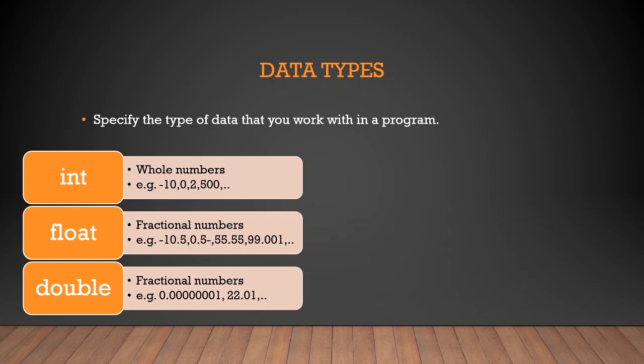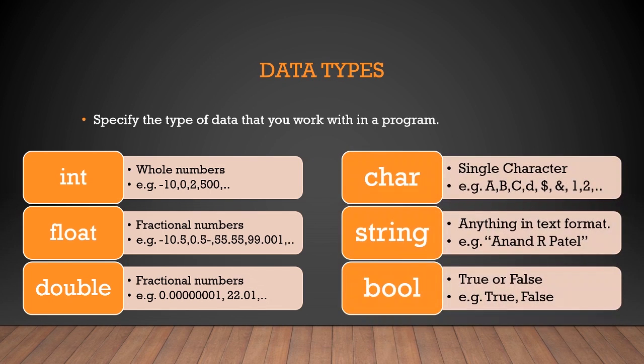So that is the precision level in double. Then we have char. Char stands for character. You can store only a single character in that data type. So you can have either A, B, C, any symbols or a number, but that would be only one character.